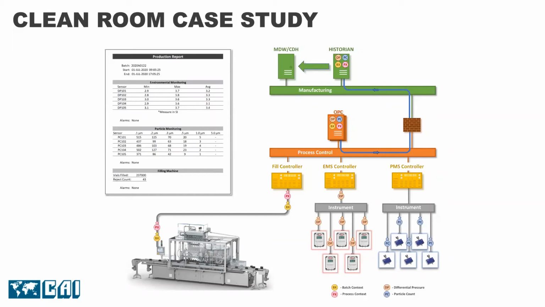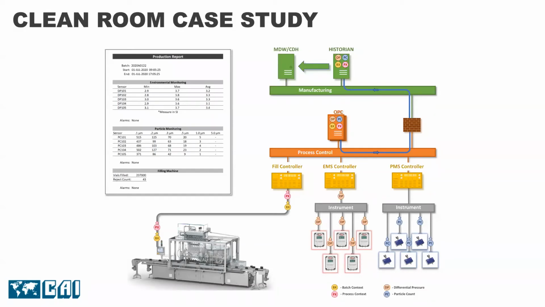We are getting the differential pressures, DPs, from the environmental monitoring system, and we get the non-viable particle counts from the particle monitoring system. We can then contextualize and aggregate the processing values for the processing equipment and store them in batch context in the contextualized data historian.